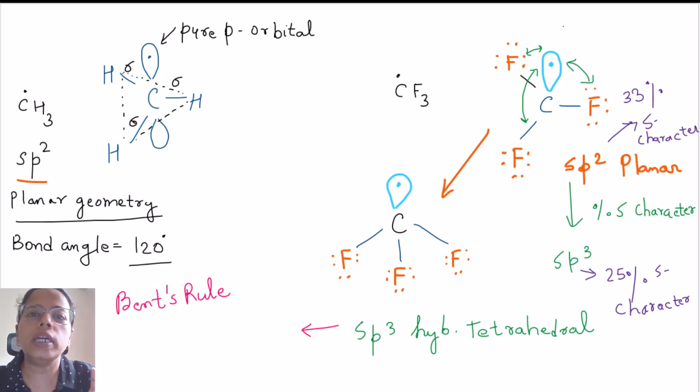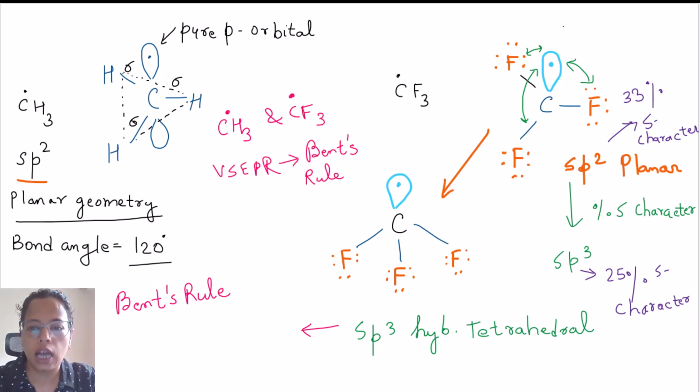So these are the two major reasons why there is a difference in hybridization, geometry and bond angle between CH3 radical and CF3 radical. And so the bond angle is around 110 to 112 degrees, not exactly the typical 109 degrees of tetrahedral geometry, in case of CF3 radical.